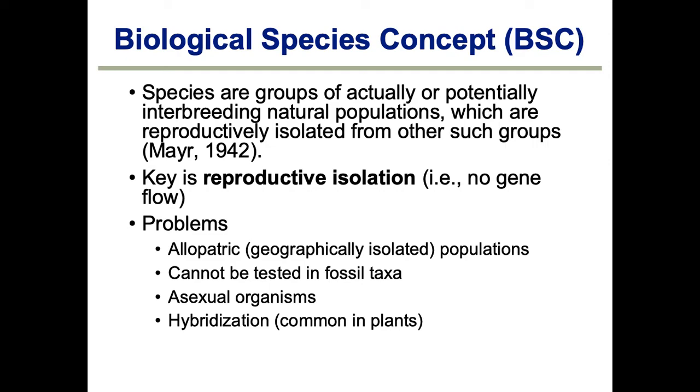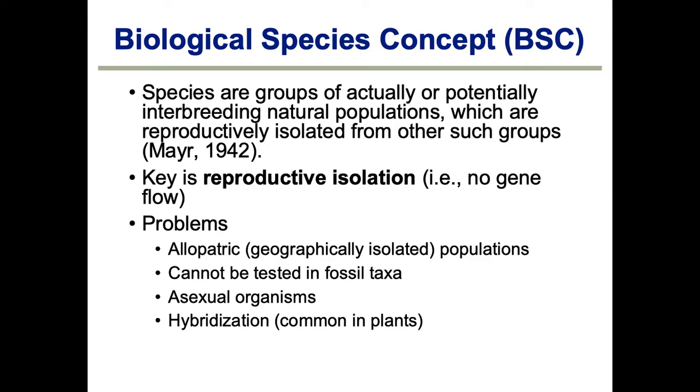We have plants that can self, so they use their own pollen to make new individuals. And there are even some salamanders and other things that don't need other individuals in order to create new offspring. Another problem is hybridization. So we find that things like coyotes and wolves and dogs can all hybridize and produce individuals that can reproduce.